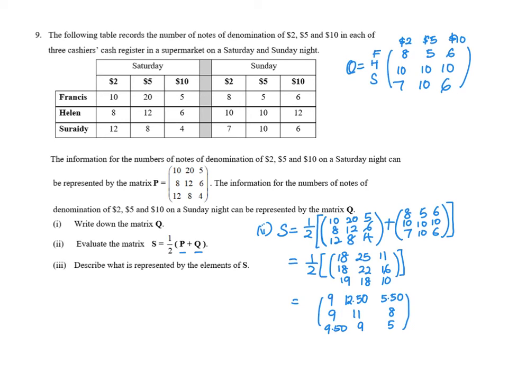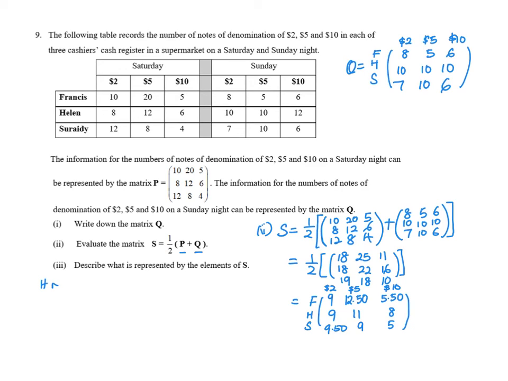Describe what is represented by the elements of S. So now we know that the rows are actually coming from Francis, Helen, and Suraidi. The denominations, the average number of denomination of $2 notes, $5 notes, and $10 notes. So how are we going to write down this matrix?